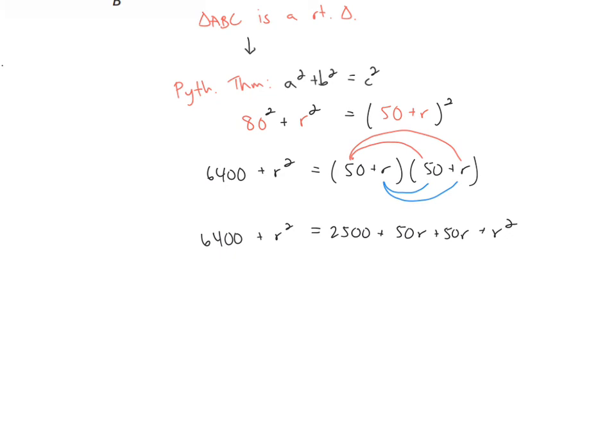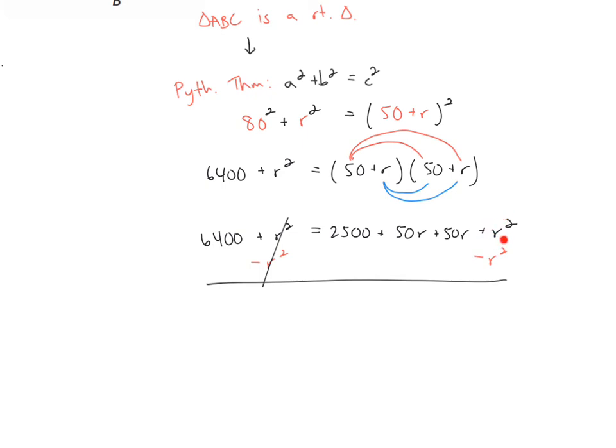And now, again, algebra, we need to get all of our variables onto one side of the equation. I have a lot of r's on the right side of the equation, so let's move this r squared to the right side. How do we do that? We need to subtract r squared on both sides of the equation. So my r squareds on the left side are going to cancel out, but here's the thing.